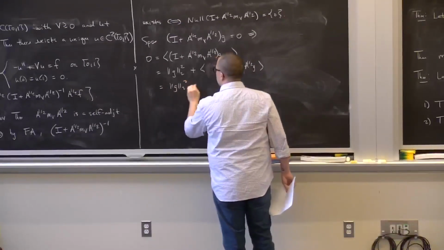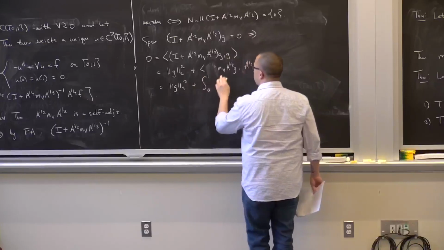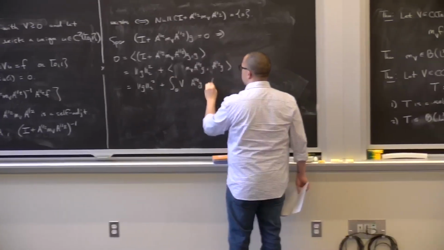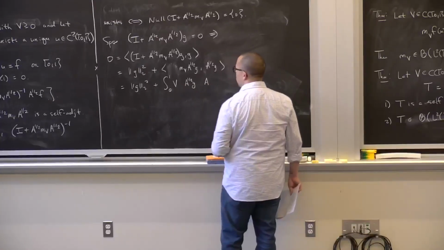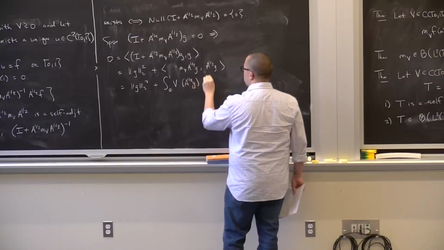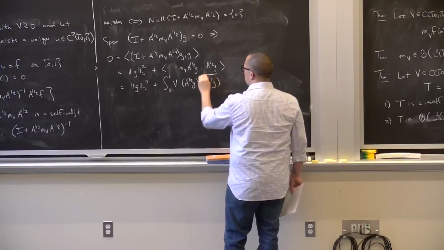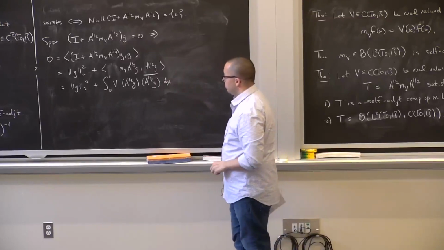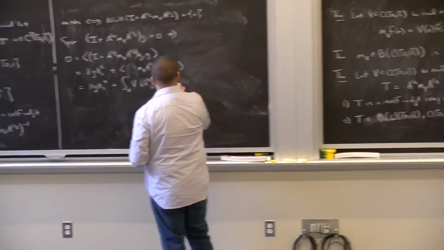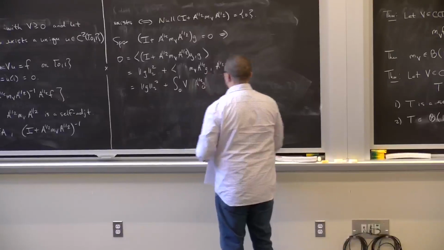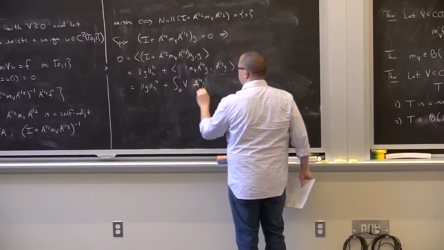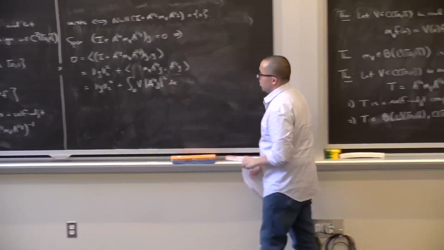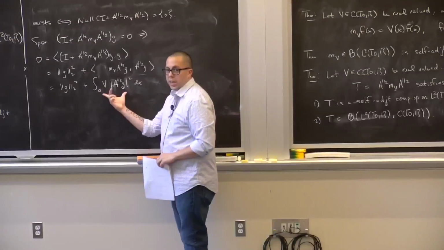This is equal to the L2 norm of g squared plus the integral from 0 to 1 of b times a to the 1/2 g, pointwise multiplication, times a to the 1/2 g complex conjugate dx, which gives me the absolute value of a to the 1/2 g squared. Now b is non-negative, so this quantity here is non-negative.